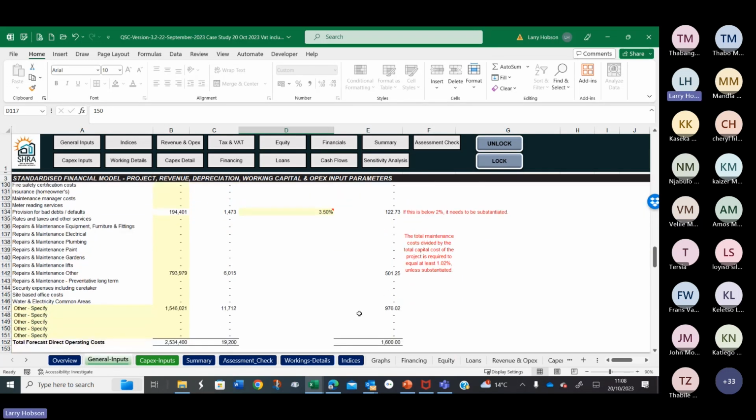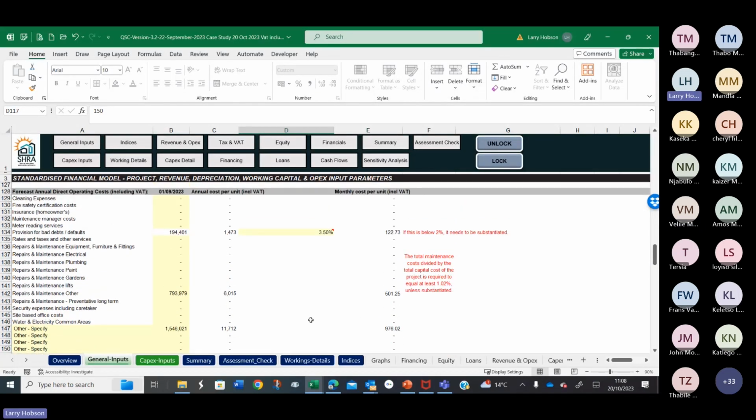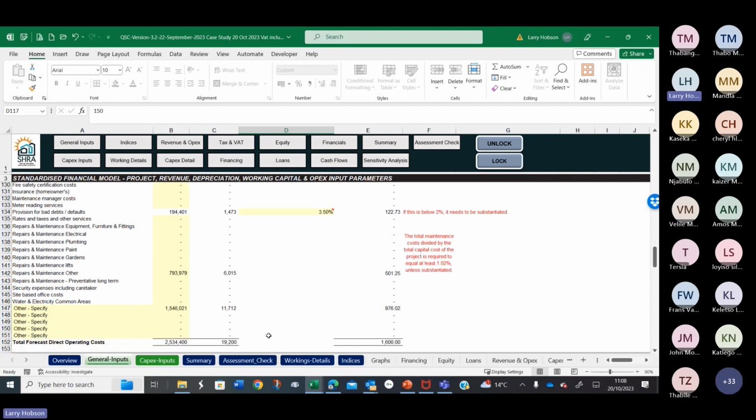I've done the general inputs for operating costs in a bit of a lazy person's way. I've taken 1,600 as the total cost that I should be having. So if you look in the formula bar here, 1,600 times 132 units times 12 months, because this is an annual figure we enter here.